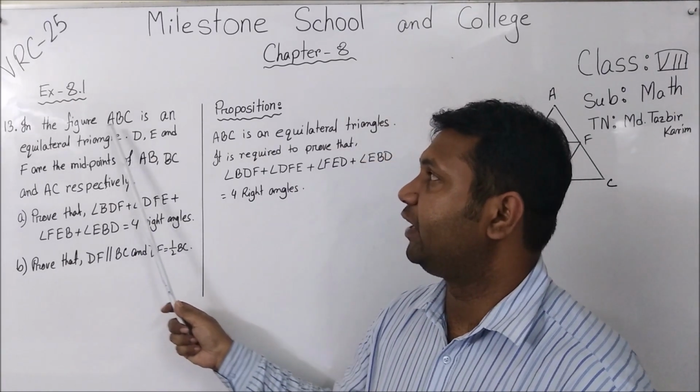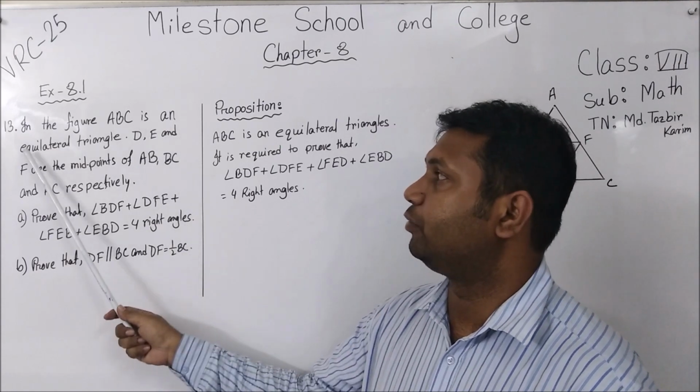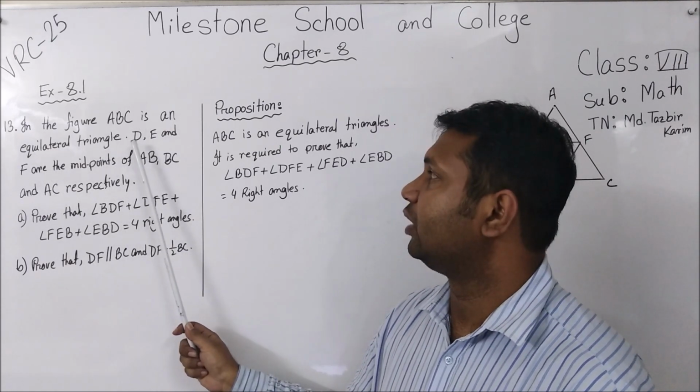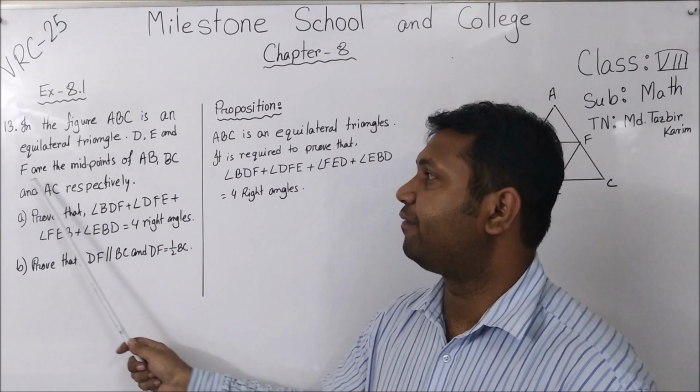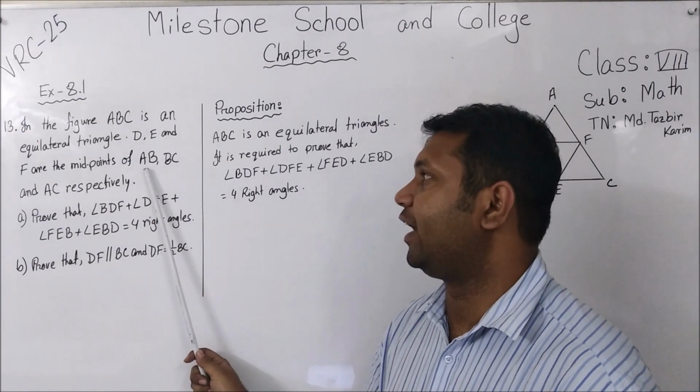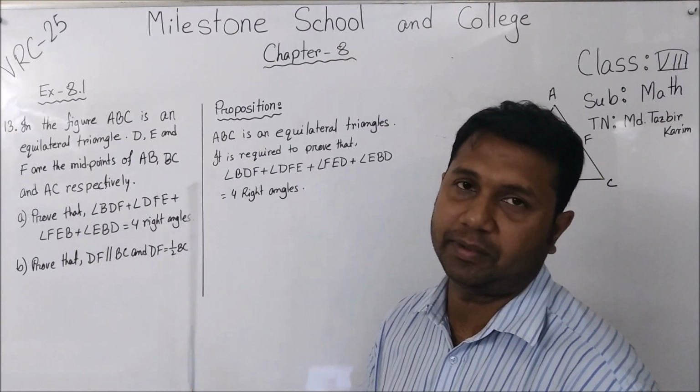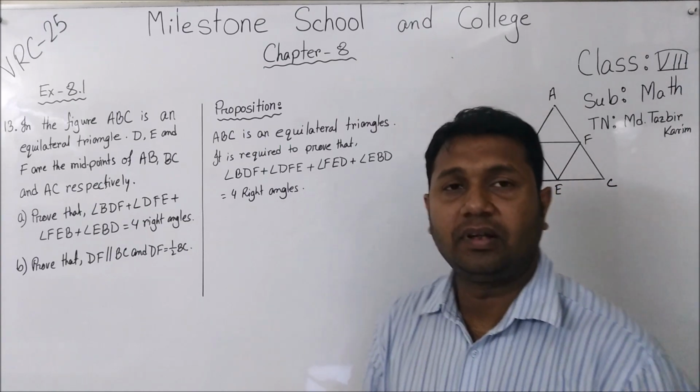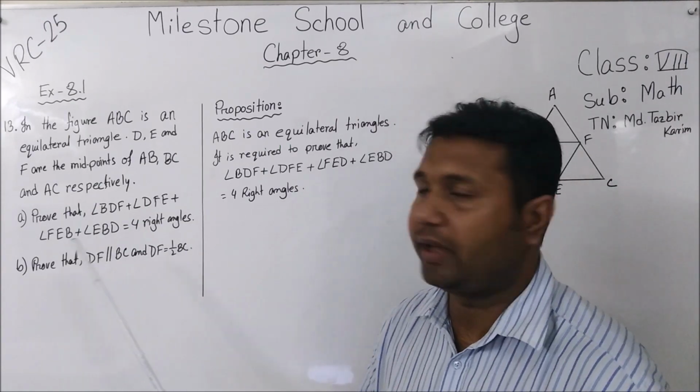In the figure, ABC is an equilateral triangle, and D, E and F are the midpoints of AB, BC and AC respectively. By this information we have to prove two things.